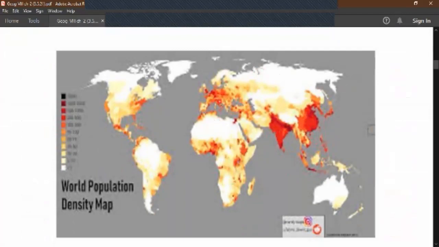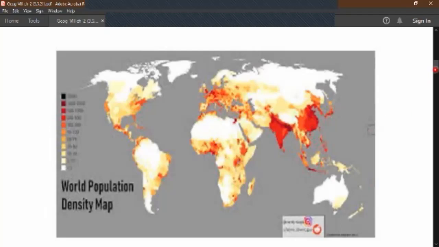So with this map we can conclude that the world population is not well distributed. Its distribution is uneven, due to which circumstances like overpopulation and underpopulation usually occur on the surface of the earth.